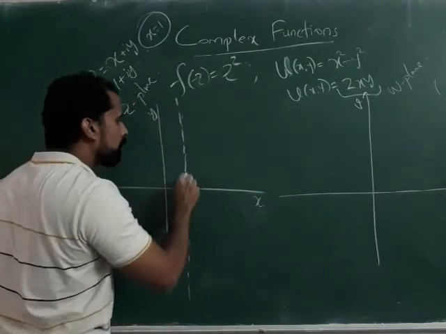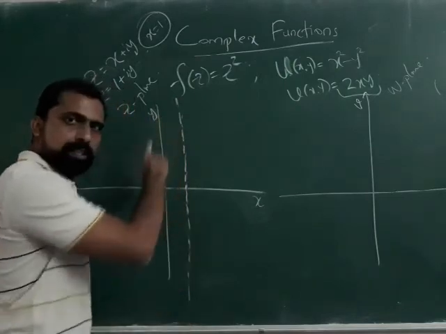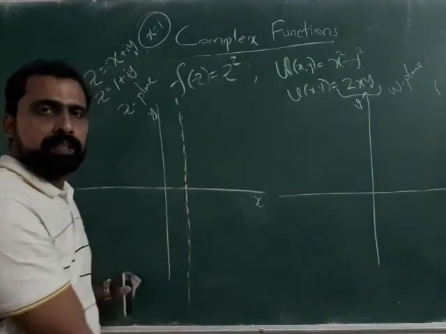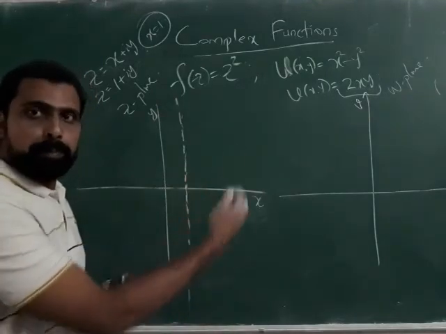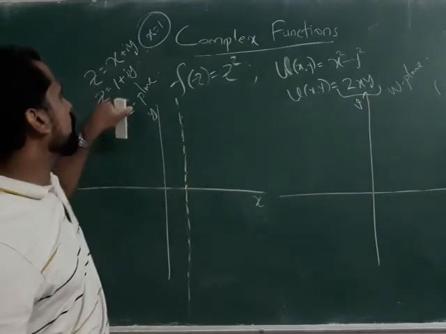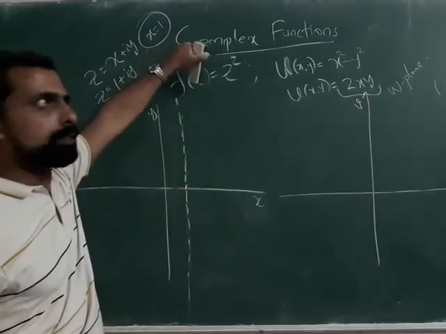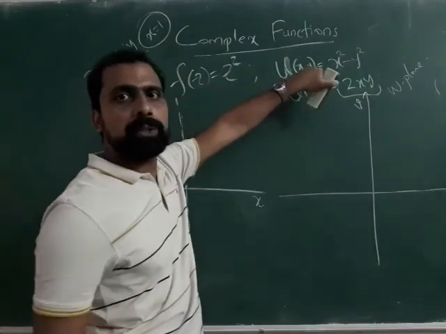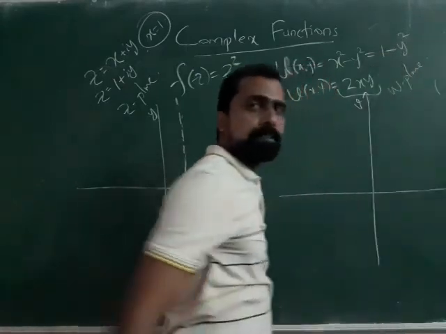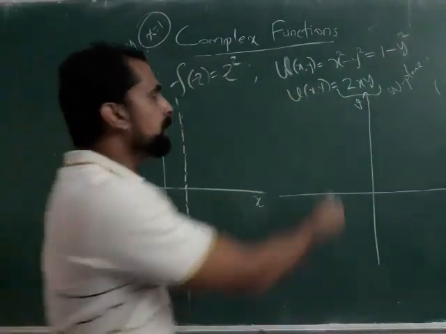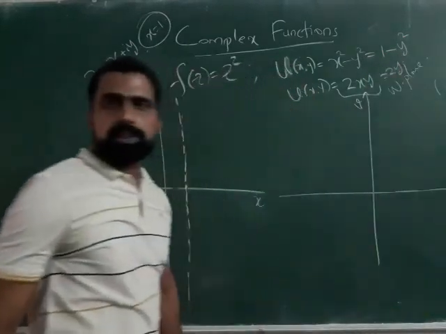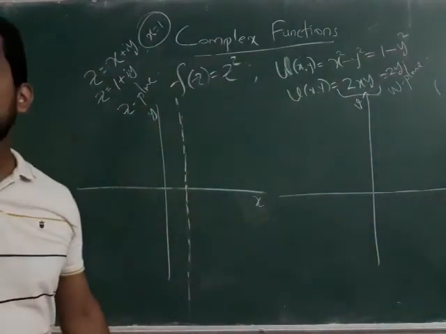This is the plot in my z plane, and now I have to look at the corresponding w plane. I already fixed my x value, so now u becomes 1 minus y square, and v becomes 2y, because I already took x equal to 1.